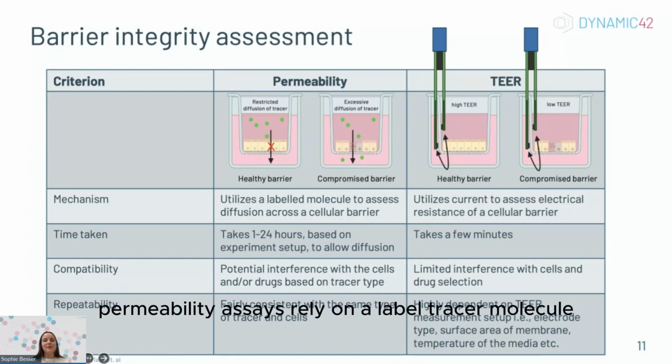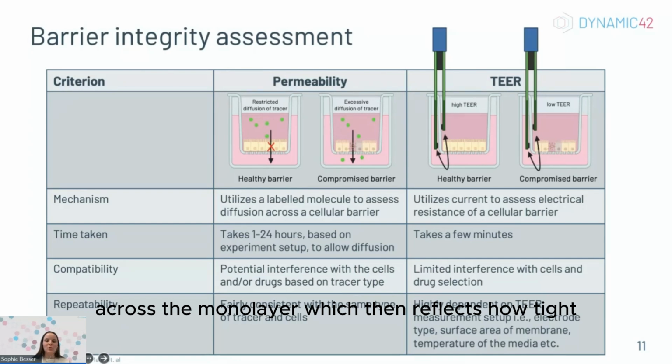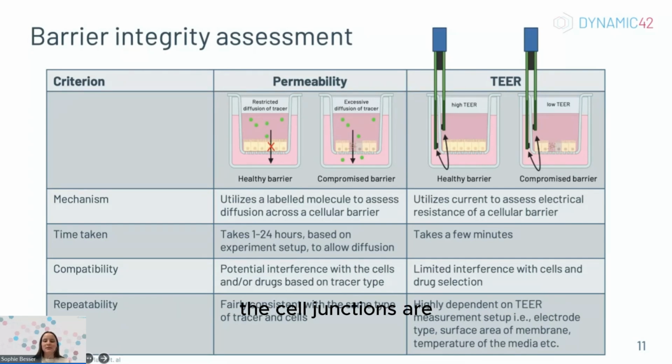Permeability assays rely on a labeled tracer molecule to see how much of this tracer passes through the cell layer over time. TEER, on the other hand, uses an electrical current to measure the resistance across the monolayer, which reflects how tight the cell junctions are.